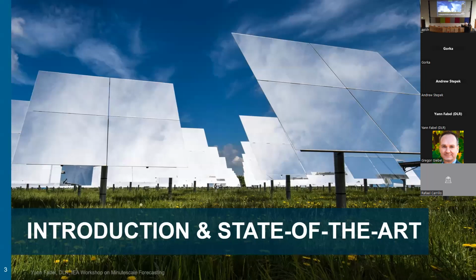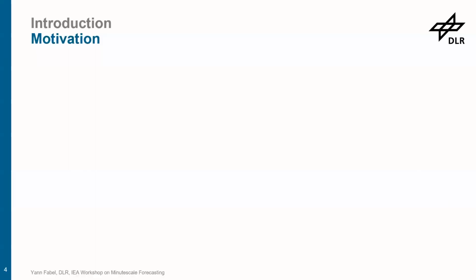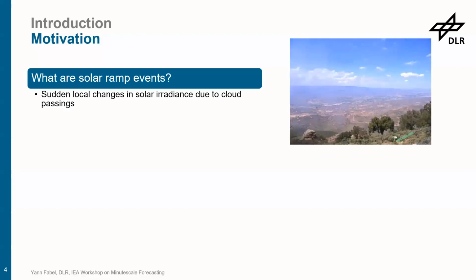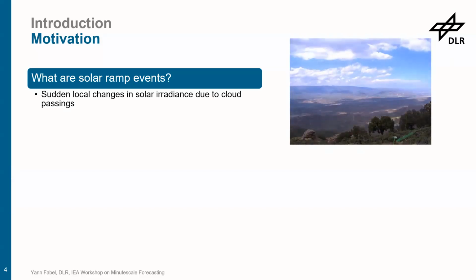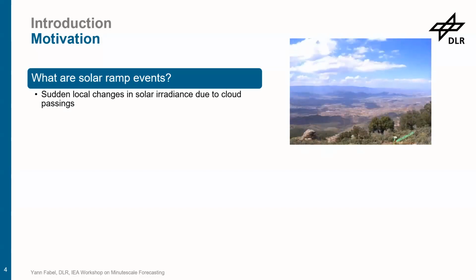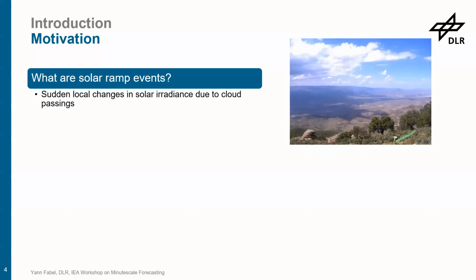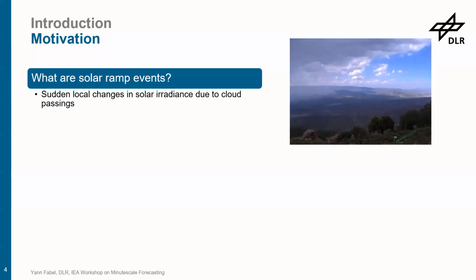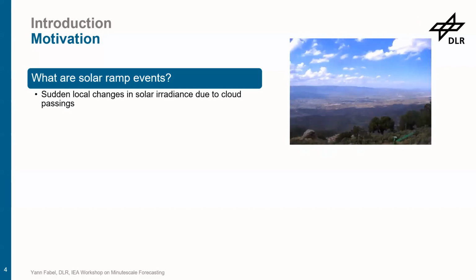So to the introduction. The motivation, of course, is, first of all, let me tell you what we define under solar ramp events. As you can see here on this short video, sudden local changes in solar irradiance due to cloud passings are those solar ramps.